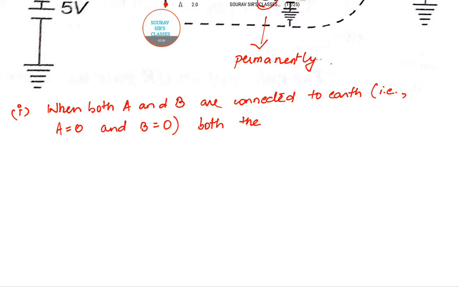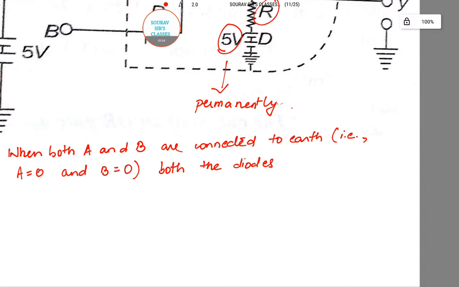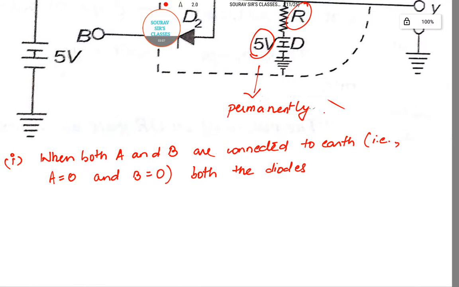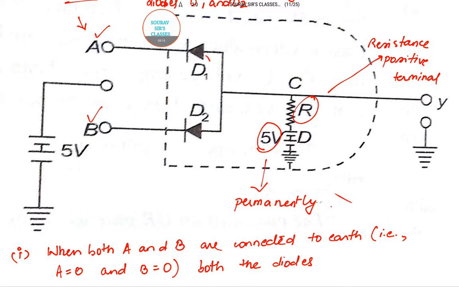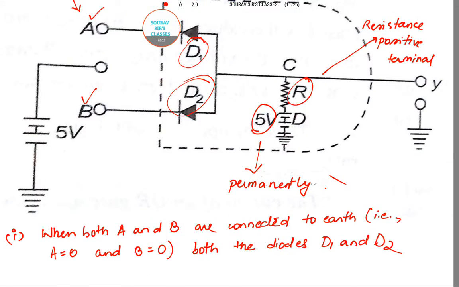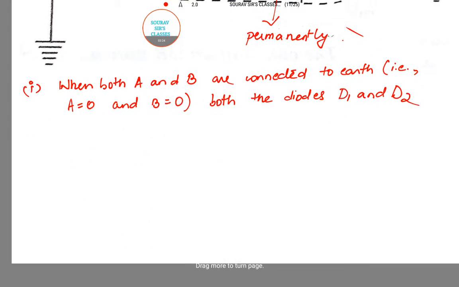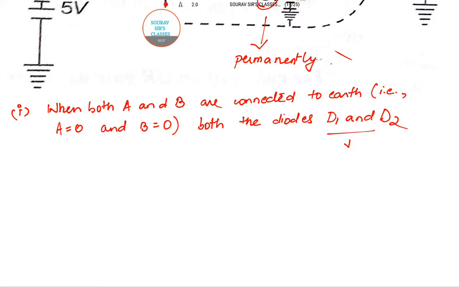Now we have two diodes actually. So let me show you the position of the two. So this is A, this is B, and these are the diodes. So both the diodes D1 and D2 will get forward biased and hence conduct forwardly.